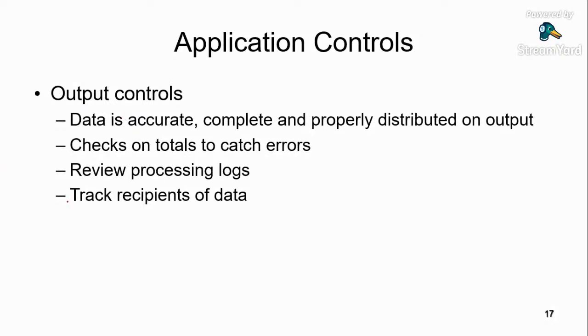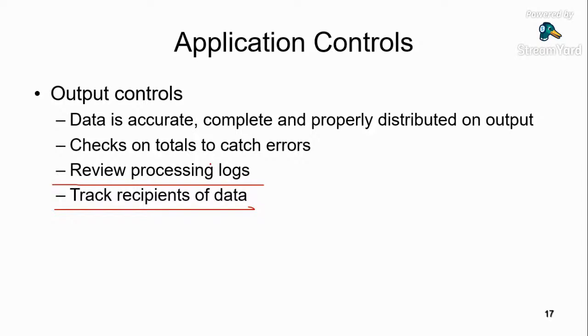Then who is going to access the data? Suppose some user is accessing your server or your website or some resources; there is always a record of who has logged in or accessed your system. That has to be properly monitored.